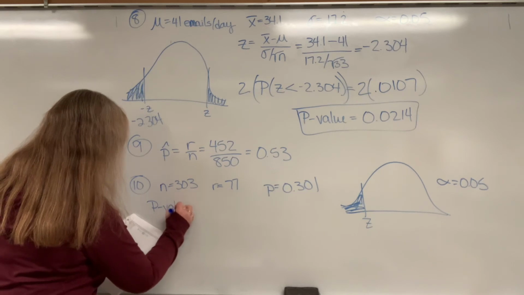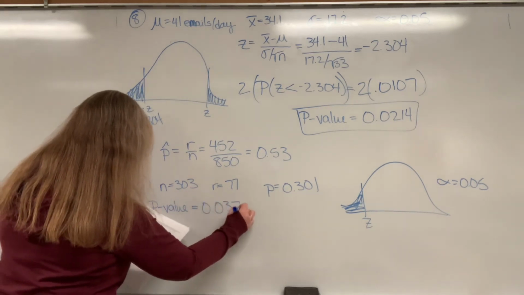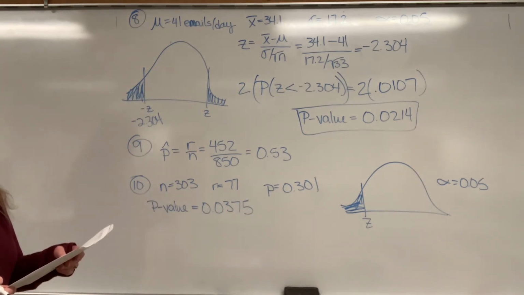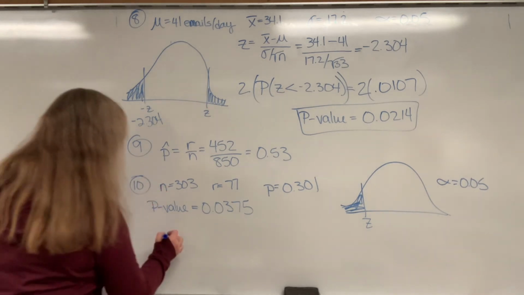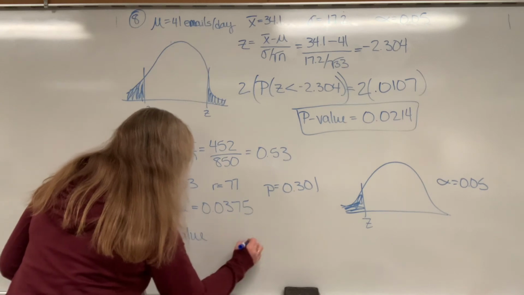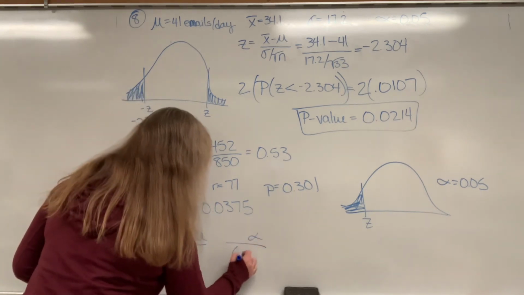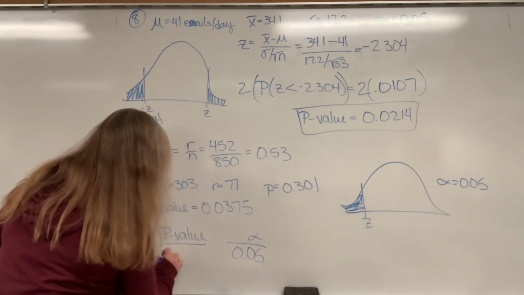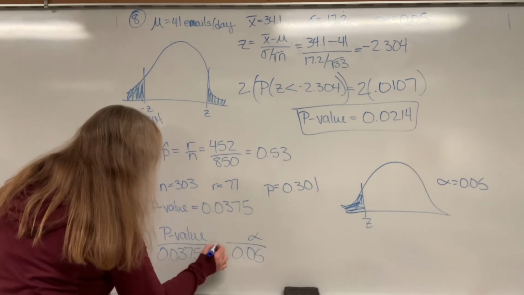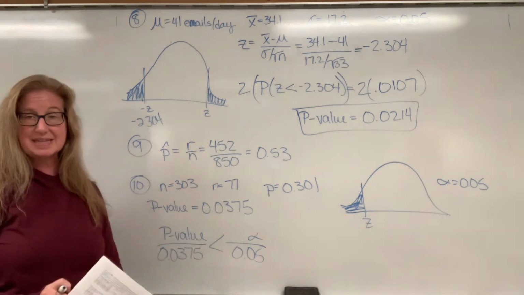The p-value is equal to 0.0375. Are the data statistically significant at the significance level? So I always want to compare p-value and alpha. If alpha is 0.05, and my p-value is 0.0375, I see that 0.05 is bigger, so p-value is less than alpha.